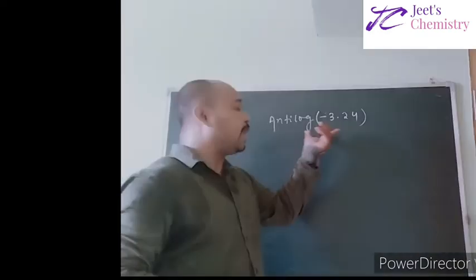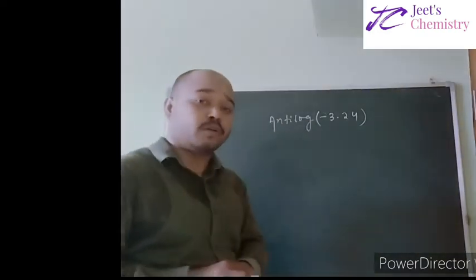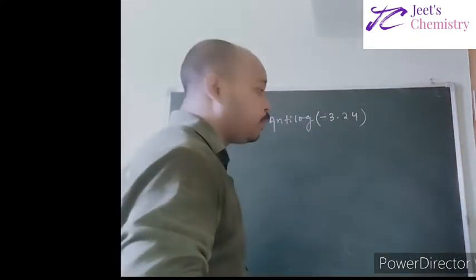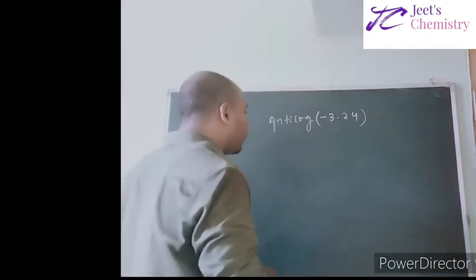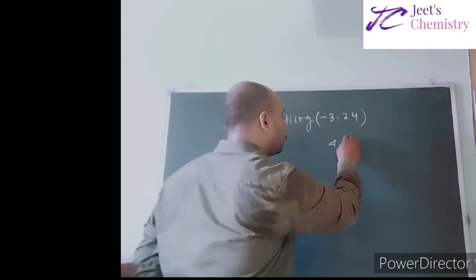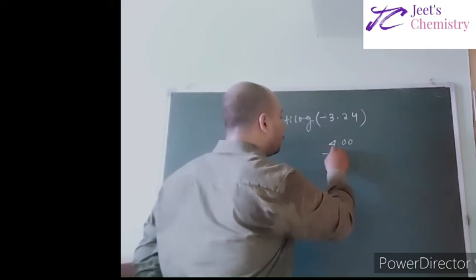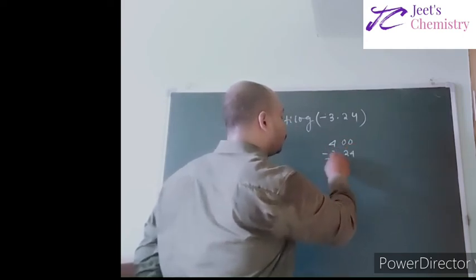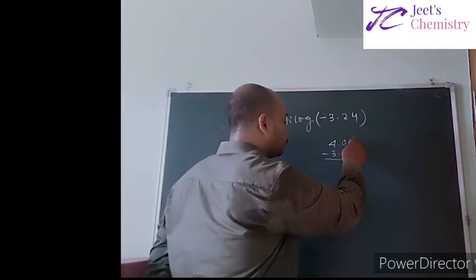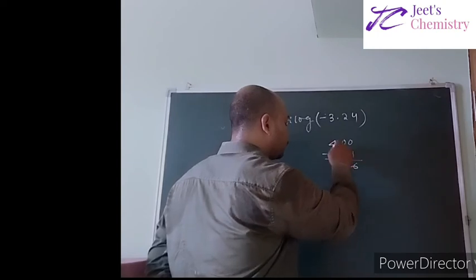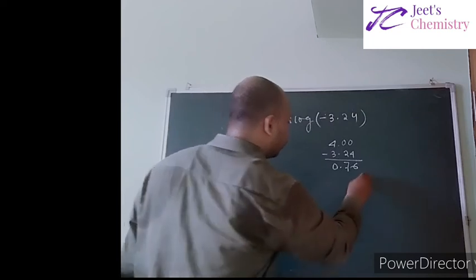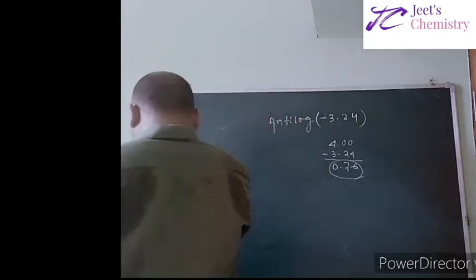Before we find the antilog of minus 3.24, we will find the positive part. So 4.00 minus 3.24, we will get 0.76.